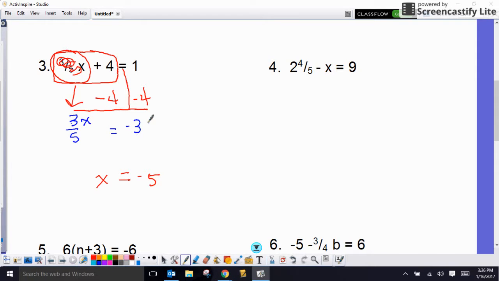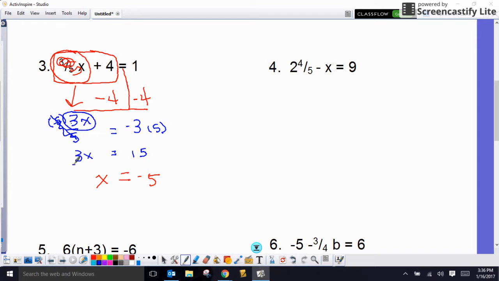Here's why. My kids over the years would much rather prefer to do this in steps. Where they see this divide by 5, they know to multiply by 5 on both sides and get 15, and bring down the 3x because they have a whole 3x left because the 5's crossed out.